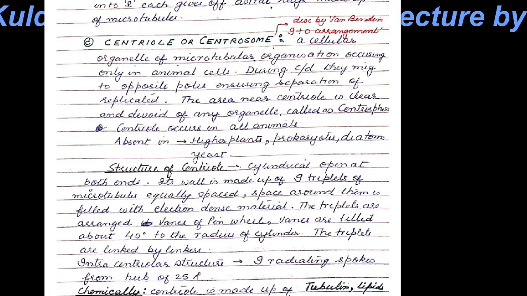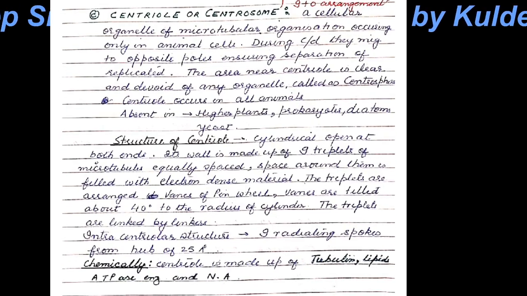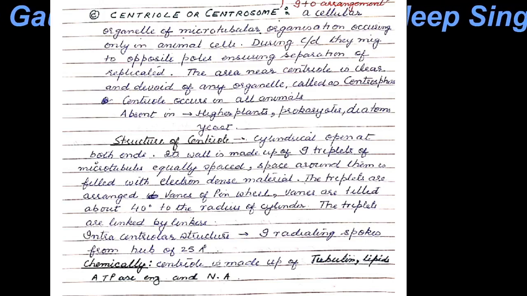If we go to the structure of the centriole, it is a cylindrical structure open at both ends, and its wall is made up of 9 triplets of microtubules, equally spaced and filled with some material, and the triplets of the microtubules, they form a cartwheel like structure, and these triplets are linked by linkers.